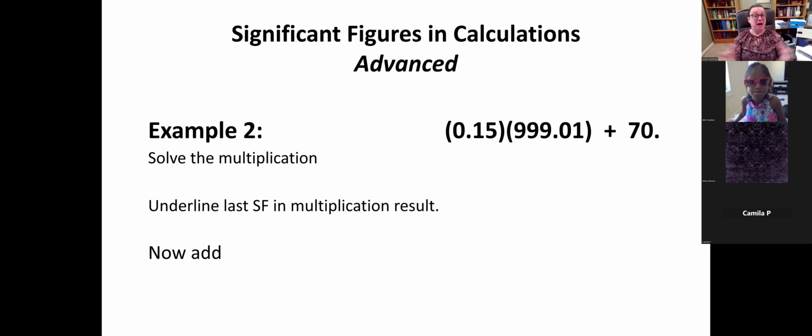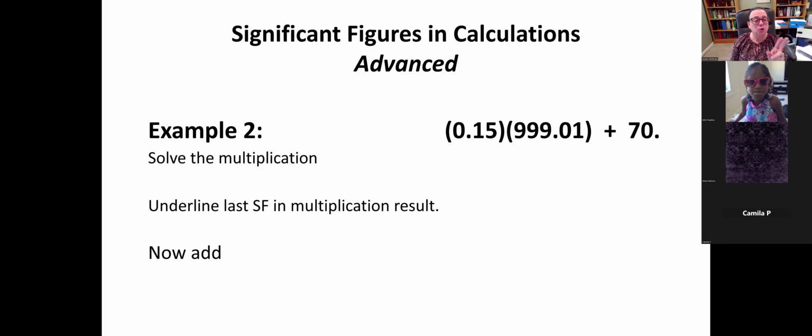We're going to do the math we need to do first and apply that significant figure rule, and then we'll do the other math and apply that significant figure rule. I think this might give you a good sense of how it's not always the first thing or the last thing that controls what's going on in that problem.